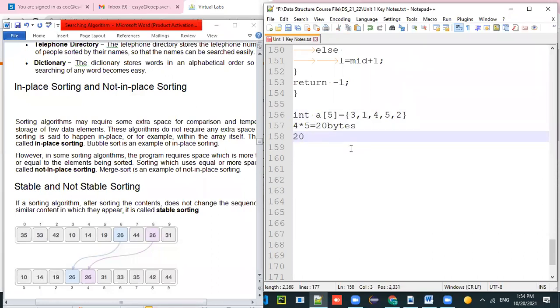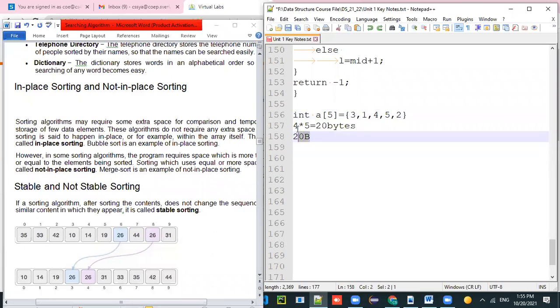At the time of sorting this array, we compare the first two elements, then the next two, and by comparing the elements we sort them. At the time of comparison you are using only these 20 bytes, not more than that. So this kind of algorithm is called in-place sorting.